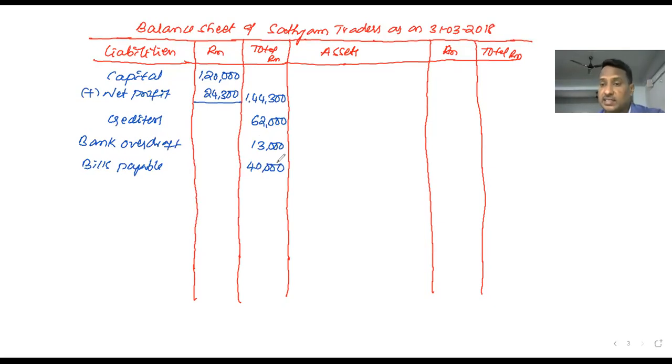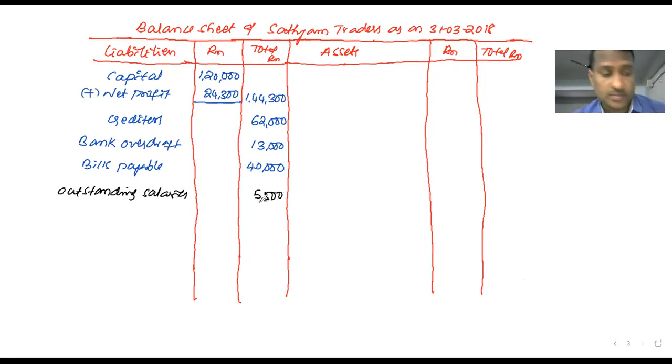We already discussed that every adjustment will be effected twice in the final accounts. So outstanding salaries: we added the salaries in the profit and loss account, and the second time on the liability side of the balance sheet. Outstanding salaries 5,500. Yes, the liability side is over.